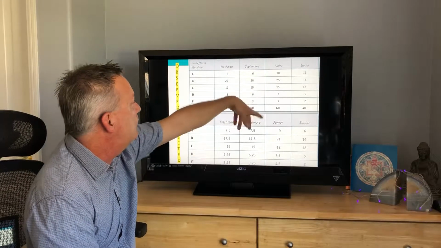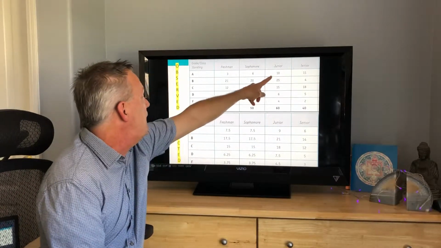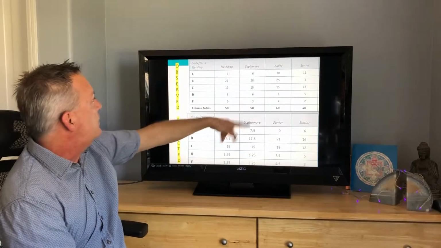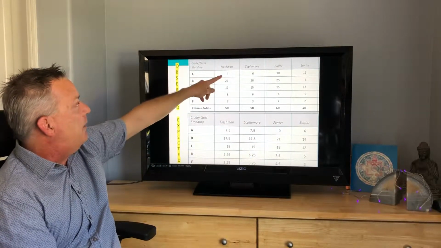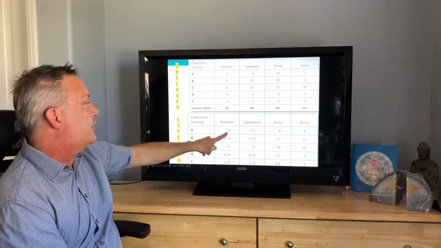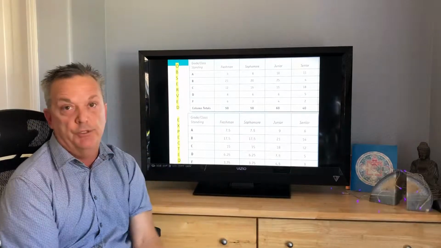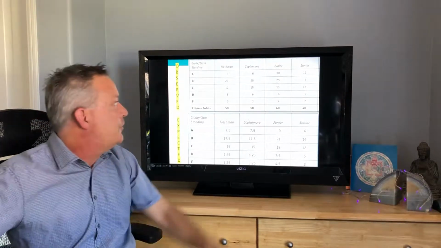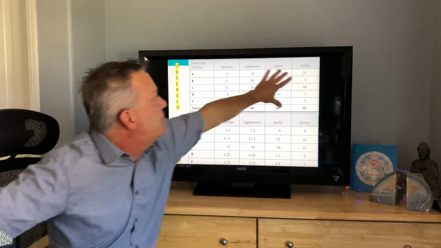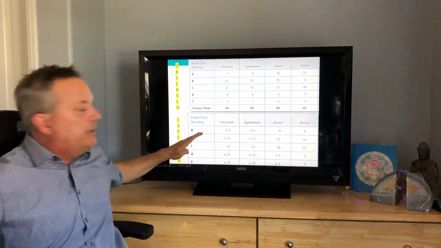And for juniors, about the same in terms of what we observed versus what we expected. Sophomores, about the same. And freshmen obviously didn't do super well compared to what we expected if there was an equal distribution. Okay, so that gives you an idea of how you compare the observed grades versus the expected grades.